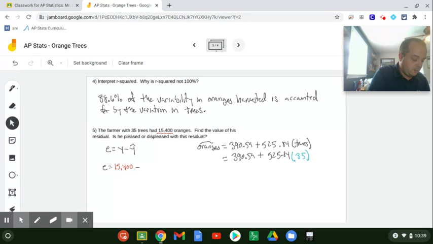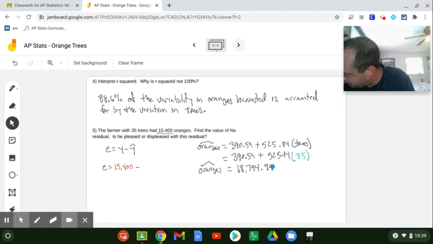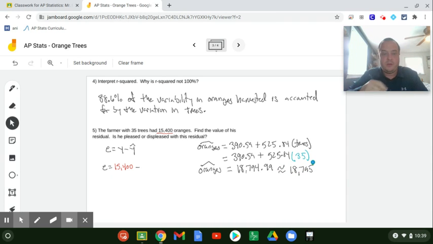So if we do that out right here, we get our predicted oranges is equal to 18,794.99. We'll round that up to 18,795. Okay, so that's what the model predicted for us to get.